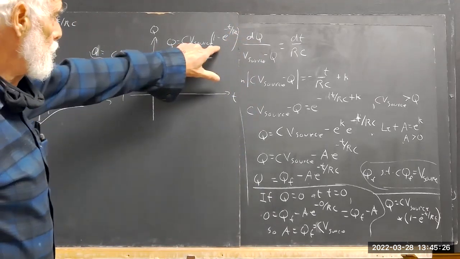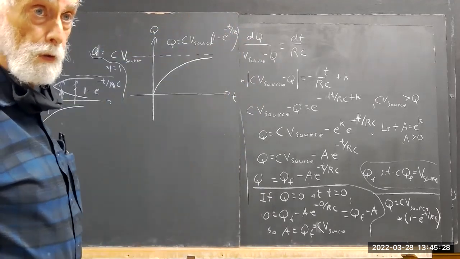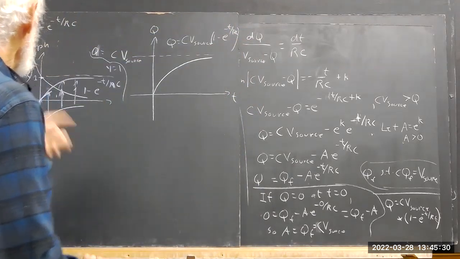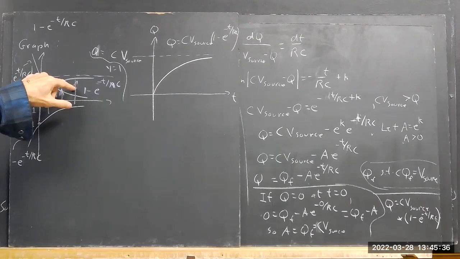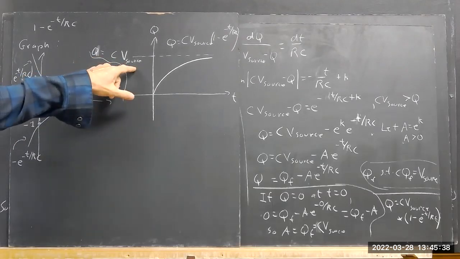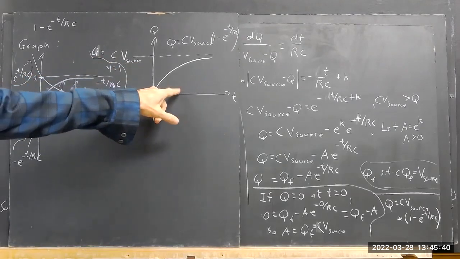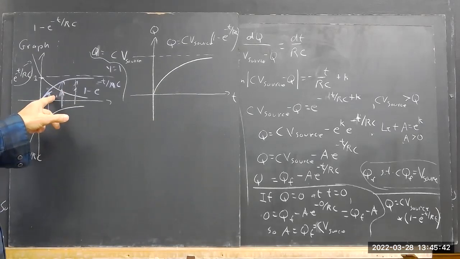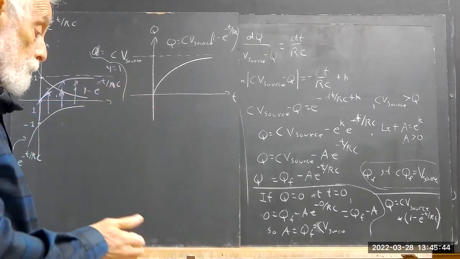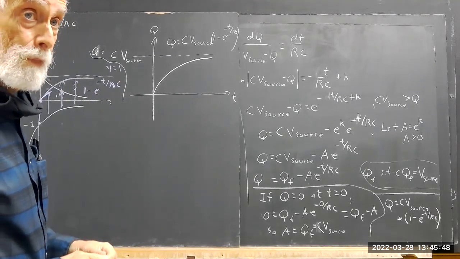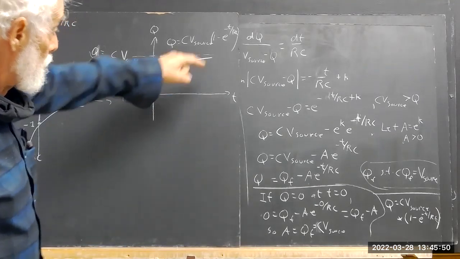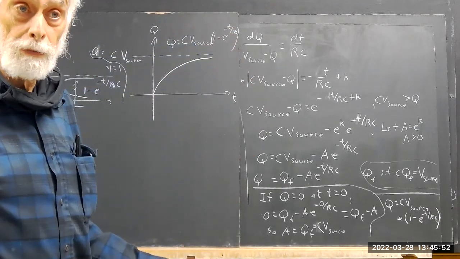Which is just C V source times 1 minus e to the negative t over RC. If you multiply every y value in this curve by C V source, this is what you get. It looks just like this. And the speed with which it scales, the half-life, is when e to the negative t over RC equals 1/2.